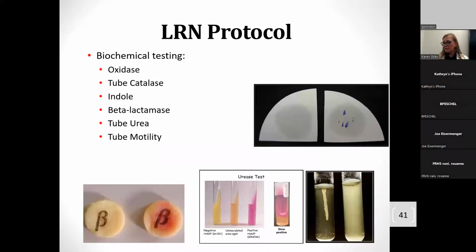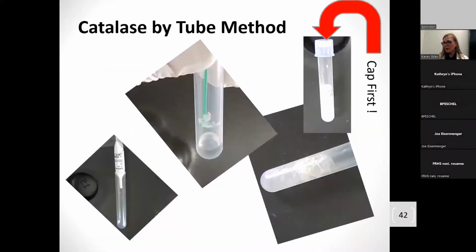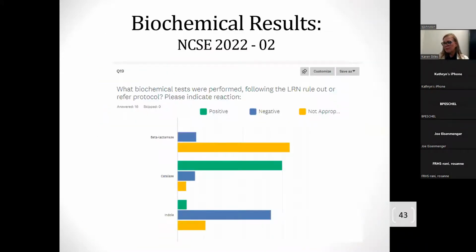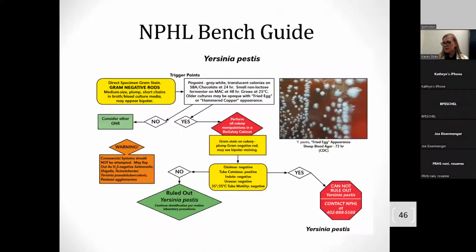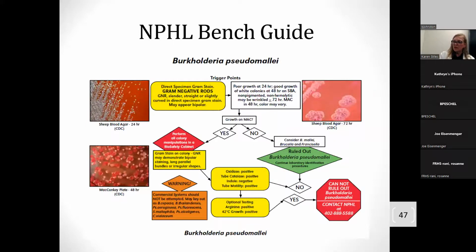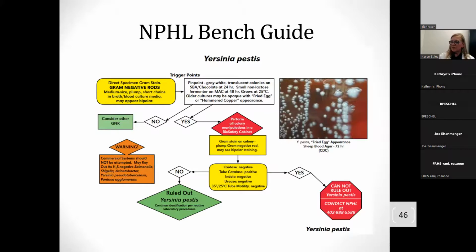So let me skip back. We'll talk about protocol here, but that oxidase here, I'm going to show you the difference between the Burkholderia pseudomallei and the pestis. So right away, you can look at these two flow charts. The first biochemical you see should be that oxidase.